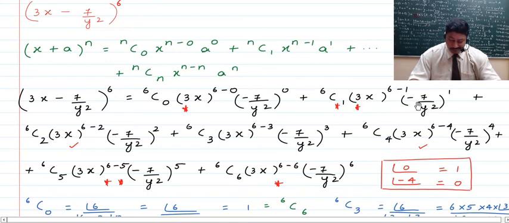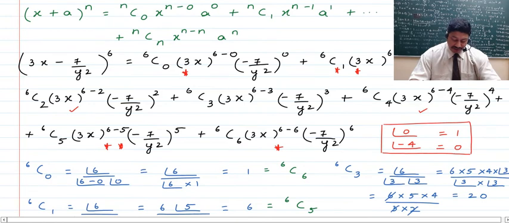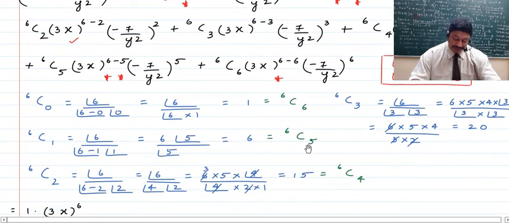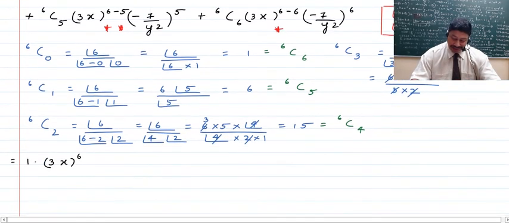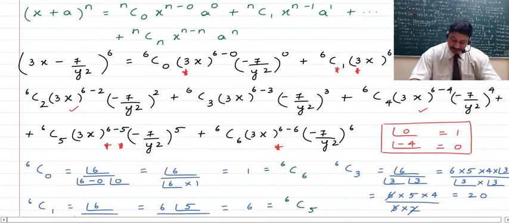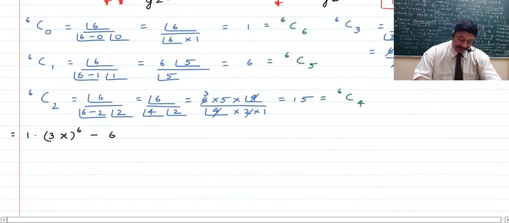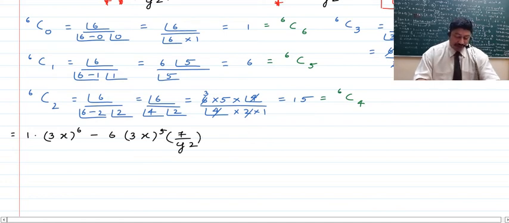So now we will have minus times the product of all of this, right? And as you see, we've already found out the value of 6c1 to be 6, so this value requires to be kept next. As such, next we have minus 6, which gets multiplied with 3x raised to the power 5, and further that is multiplied with 7 upon y square, as the minus sign has already been taken outside.